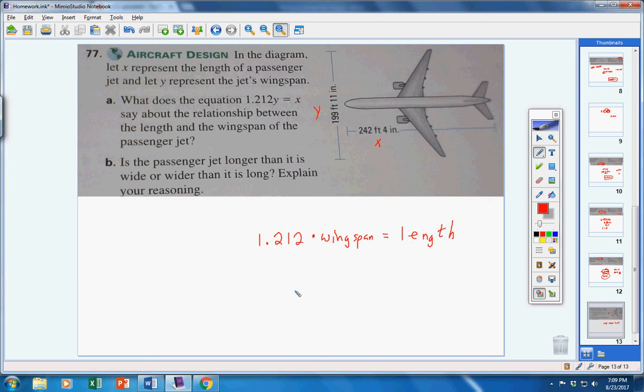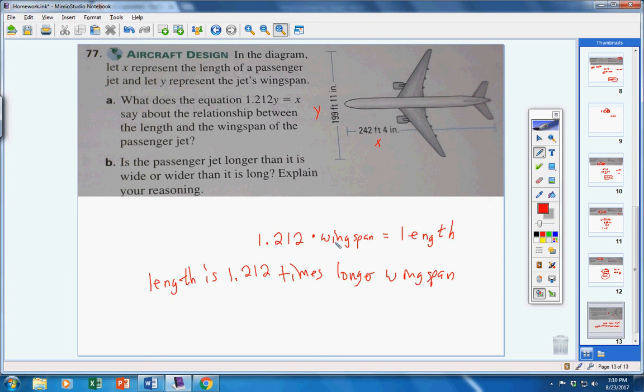So what's the relationship? To me, it's pretty obvious. Whatever the wingspan is, you have to multiply it by 1.212 to get the length. So the relationship is that the length is 1.212 times longer than the wingspan.